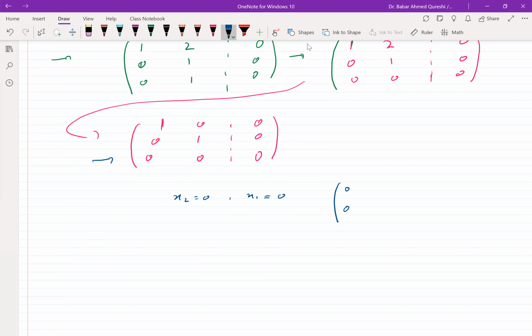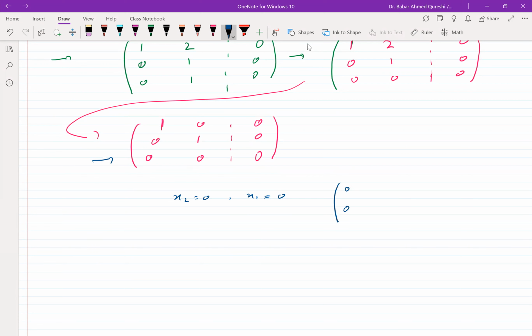But to get a 0 here, I cannot cancel this one against anything over here because it's already 0. So this requires that c1 is 0. But once I put c1 equals 0, the first two components become 0, and to get a 0 here, I must have c2 equal to 0. So that's the only solution for this equation. That means these vectors are linearly independent.